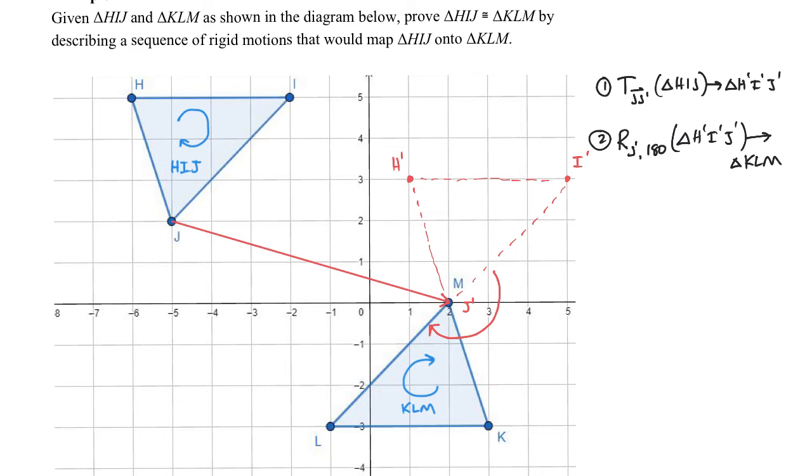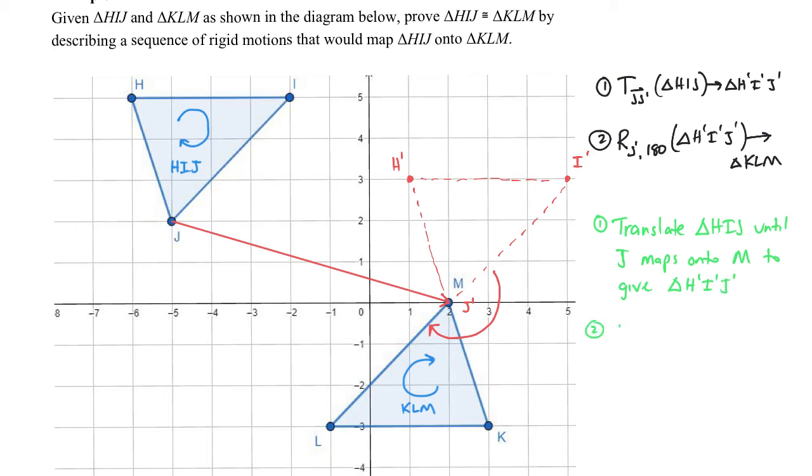Or another option is to write it out. Translate triangle HIJ until J maps onto M to give triangle H prime, I prime, J prime.